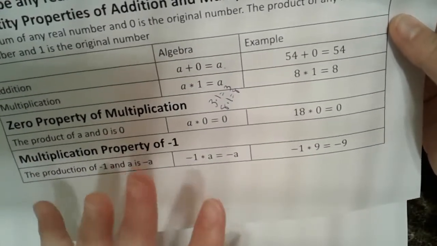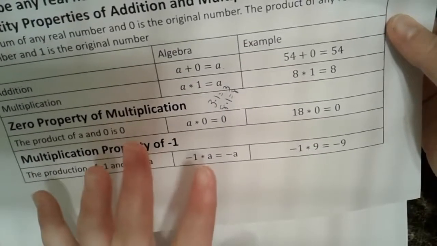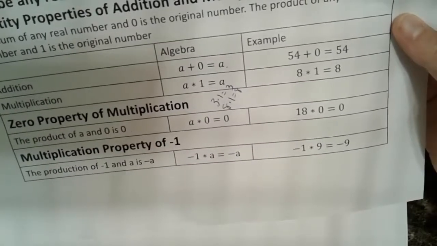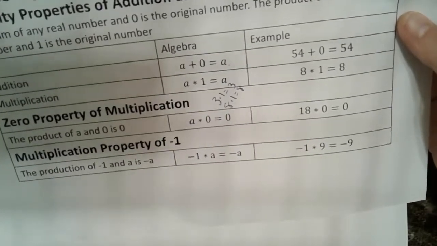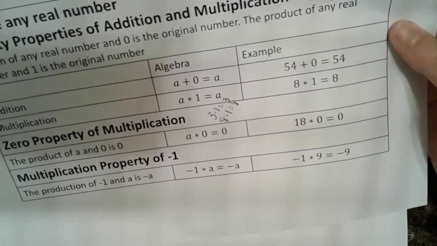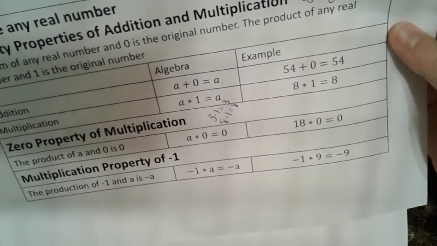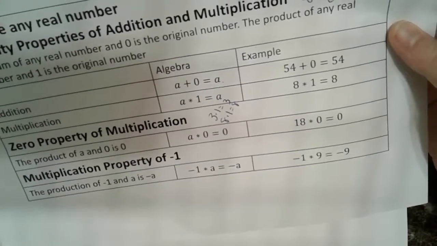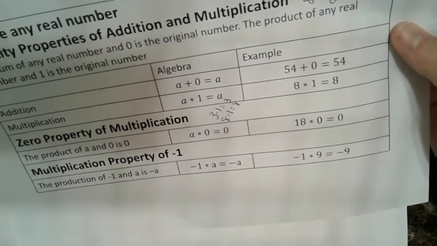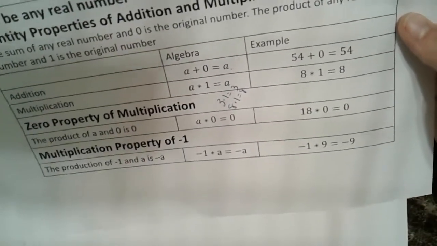And I guarantee you, you'll have a couple EOC questions that are going to be saying, hey, what property does this illustrate? And you're not going to have any cheat sheet that tells you the properties. You're going to have some that tells you the formulas, but you're not going to have anything that tells you the properties. So you really have got to know these properties. It's kind of like a vocab term. You got to know them.